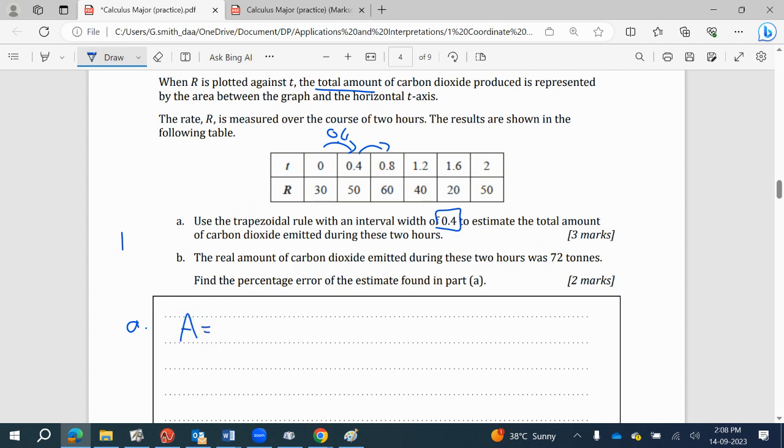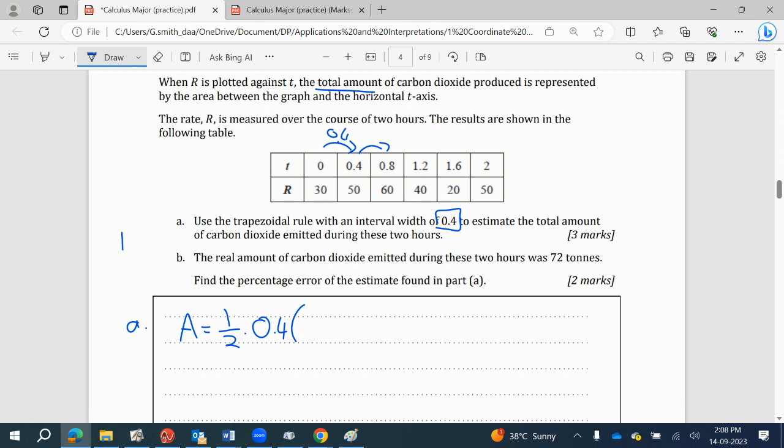Grab your formula sheet, or pretend to grab your formula sheet, because you've memorized it after 30 years. So we have a half times this value, 0.4. Then inside the bracket, remember with the trapezoidal rule, the first trapezoid will have the sides 30 and 50. The next will have the sides 50 and 60. The next will have the sides 60 and 40.